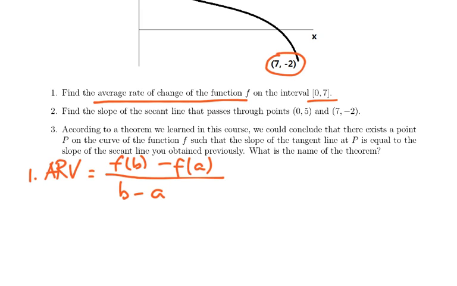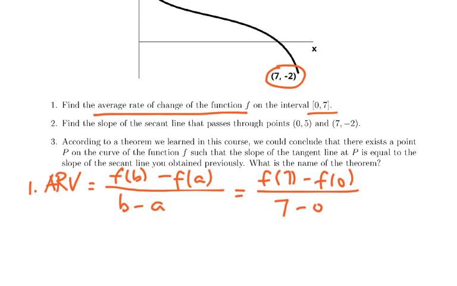So here we can view b equal to 7 and a equal to 0. Plugging in the numbers, we have (f(7) - f(0)) over (7 - 0).